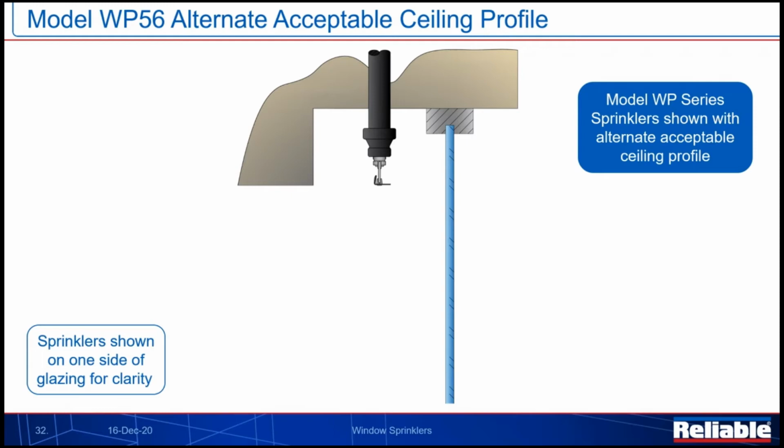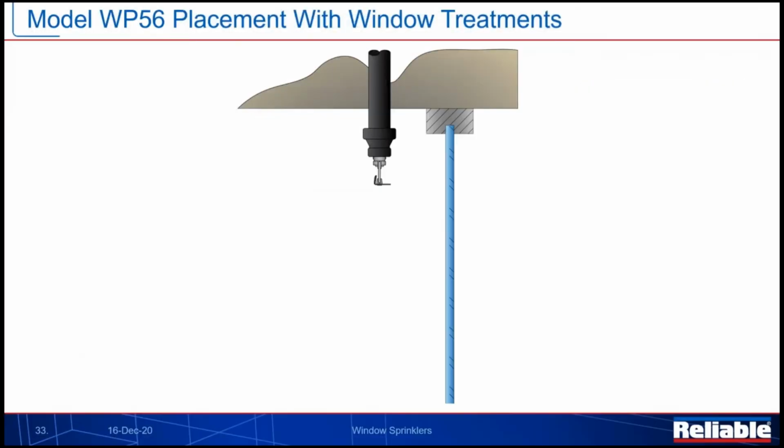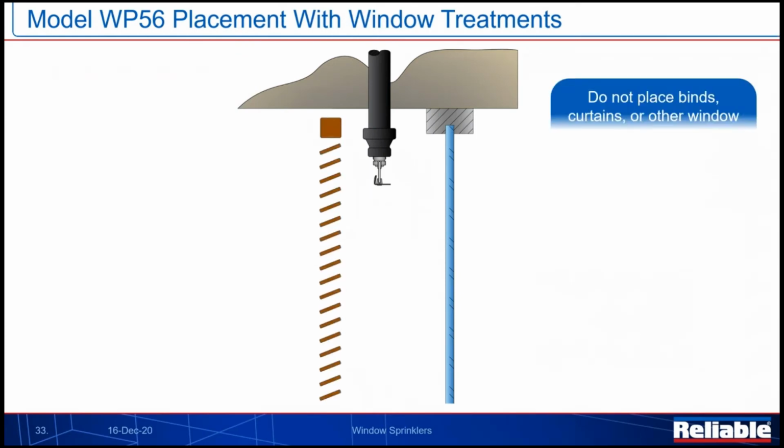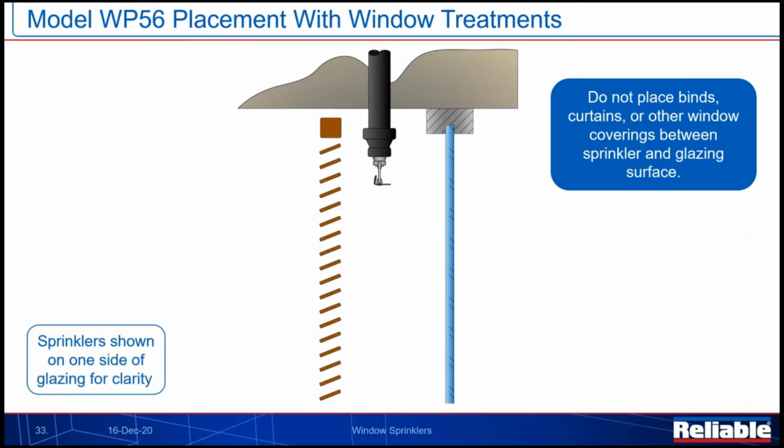So in order to try and conceal that sprinkler, you could build out some type of ceiling pocket arrangement that allows you to sort of hide the sprinkler, at least from maybe one vantage point of this window. And then with all windows, we have to be concerned about the need for window treatments, whether they're interior or exterior windows. Somebody might want that amount of privacy offered. So yes, you can use window sprinklers with windows and window treatments. The only key here is that you place the window sprinkler in between the window and the window treatment.